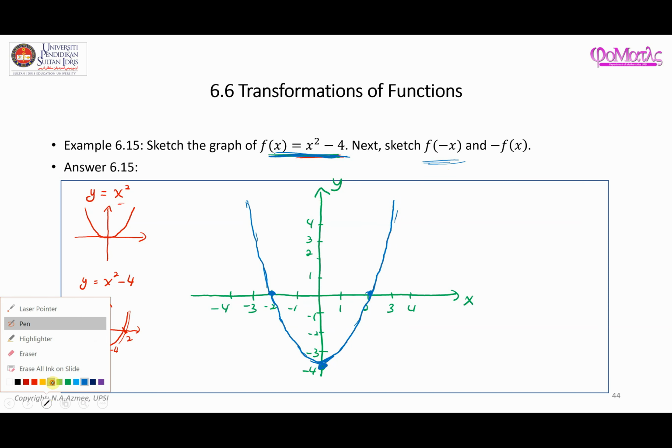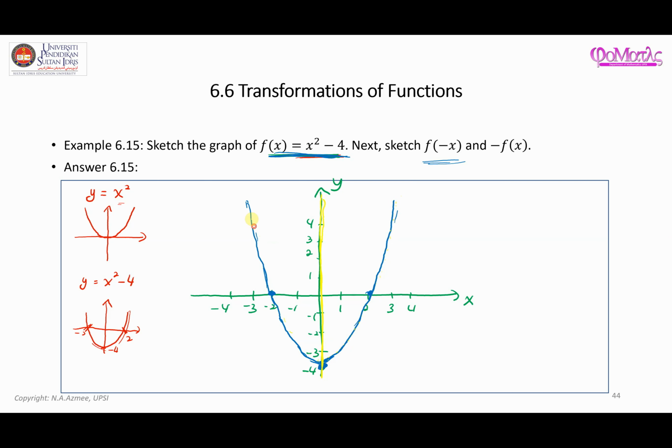The y-axis will be a mirror, so this line will be reflected exactly at the same point as this line, and the same for this one. The blue line here will be reflected on this line.